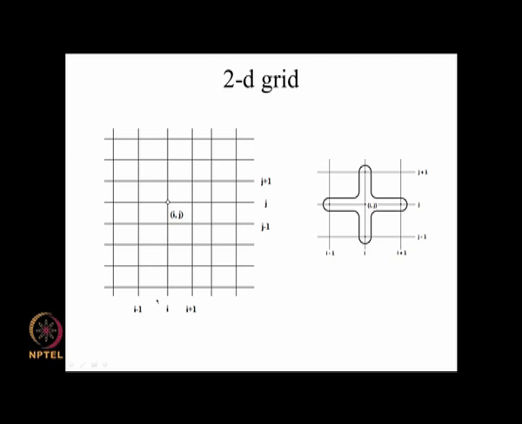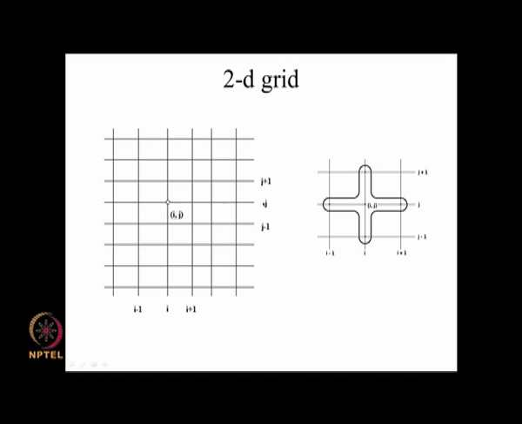You have x direction, y direction, and you have delta x. In this case it is more generic with non-uniform spacing, but all these points have the same xi and all these points have the same yj, and the intersection of these defines the point ij here.